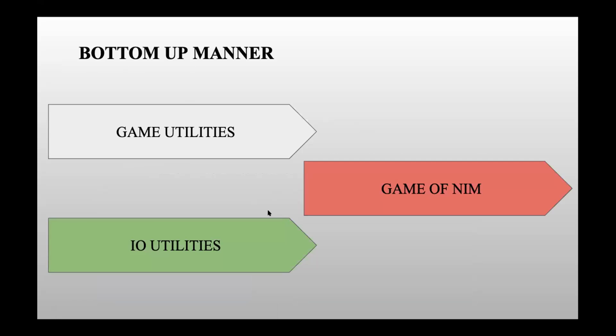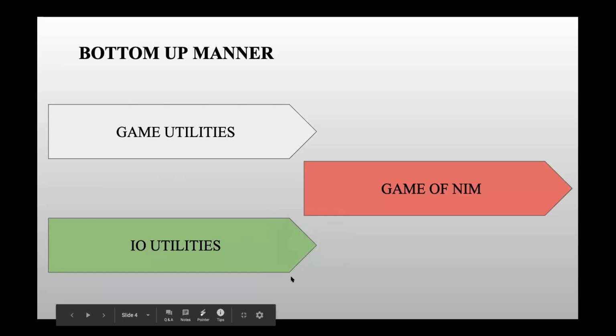So how have we approached this game? The building of this game has been done in a bottom-up manner. First we built the building blocks of the game and then the game itself. The building blocks are the game utilities and IO utilities.